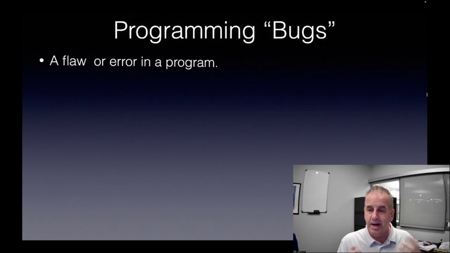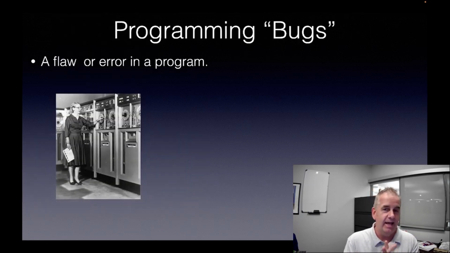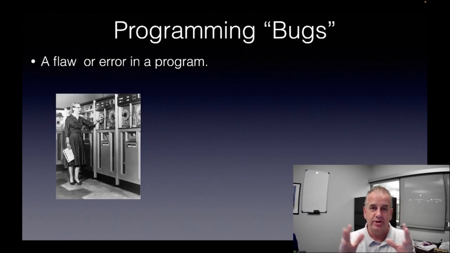When we say bugs, what we really mean is just an error or a flaw in your program. So we'll start with a quick bit of history and trivia that I always think is interesting. The term bug predates this story, but when we started using it in the context of computer programming was in 1947, and Admiral Dr. Grace Hopper, who was a computing pioneer, was having trouble with a computer that wasn't behaving the way she was expecting.